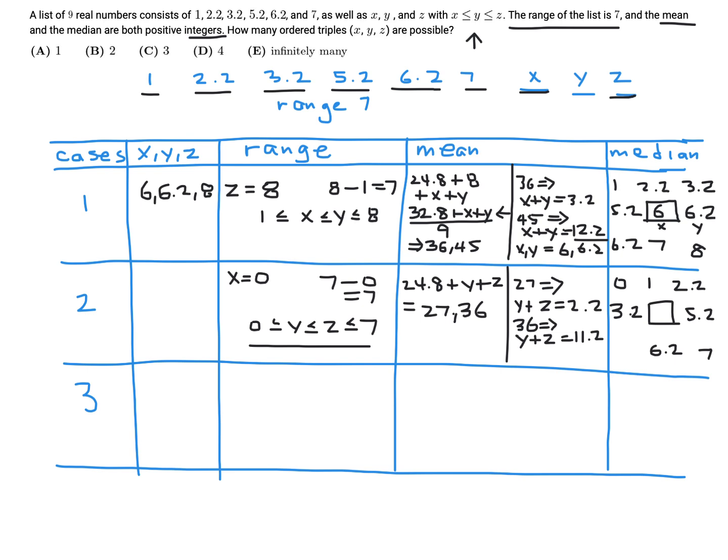And I think that we could get an integer if there's a 5. A 5 and a 5 would go here, and then the remaining value to make it equal to 11.2 would be 6.2. So that would work. So that means this would be 0, 5, and 6.2. Okay, and then I think one more case, I believe.